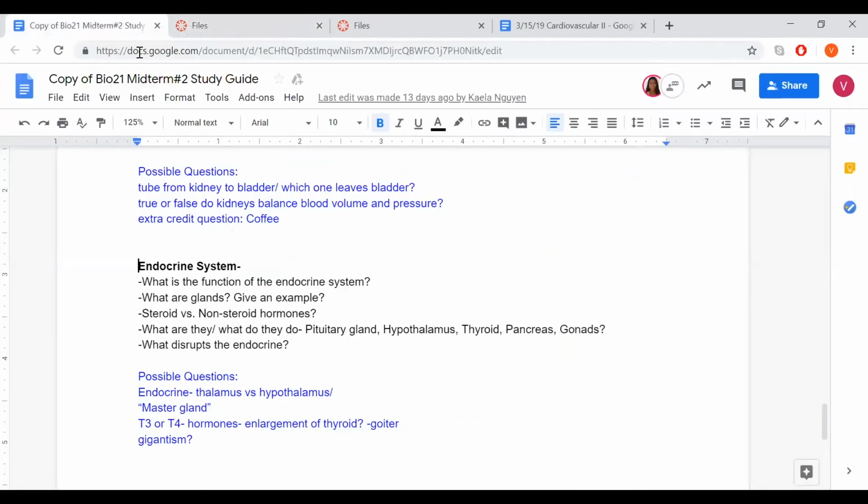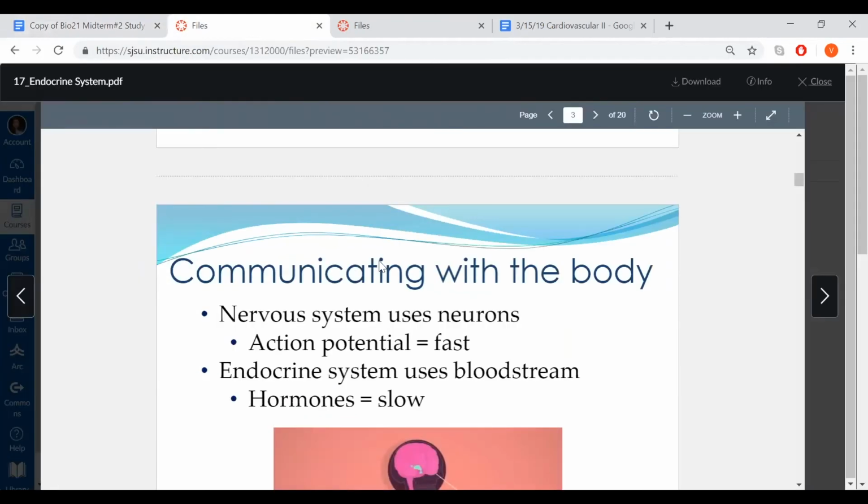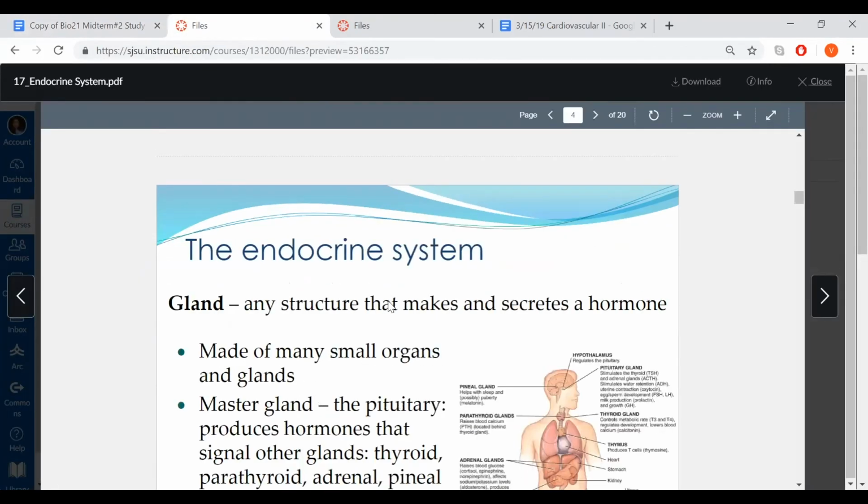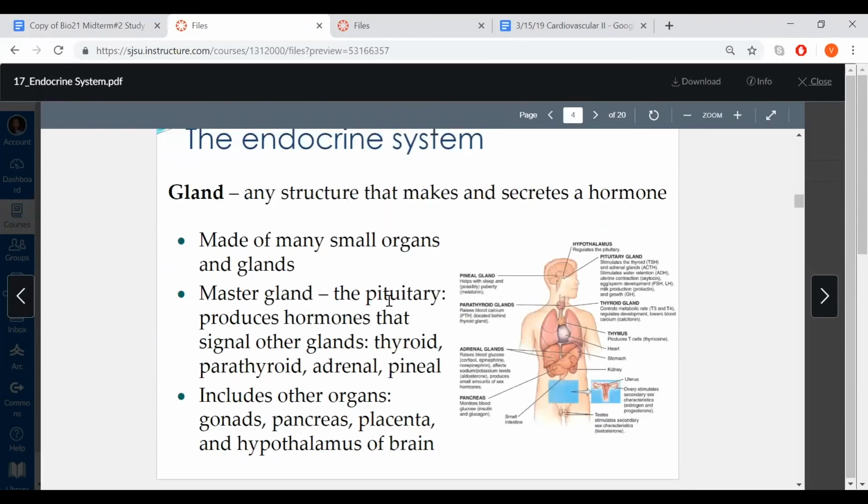Okay. So what are glands, and give an example? Glands are any structure that makes and secretes a hormone. On this slide, it has a lot: the pineal gland, parathyroid gland, hypothalamus, that's a gland, pituitary gland.